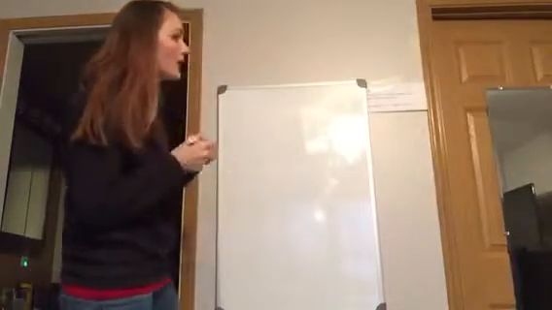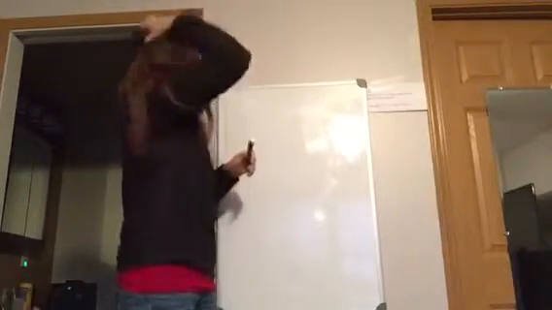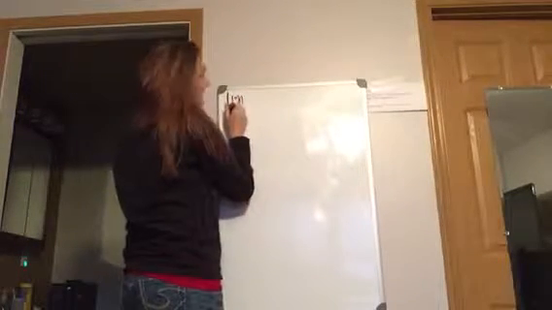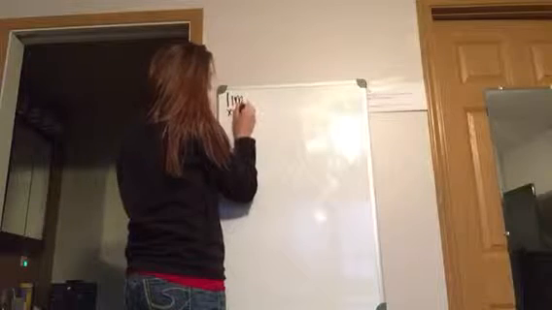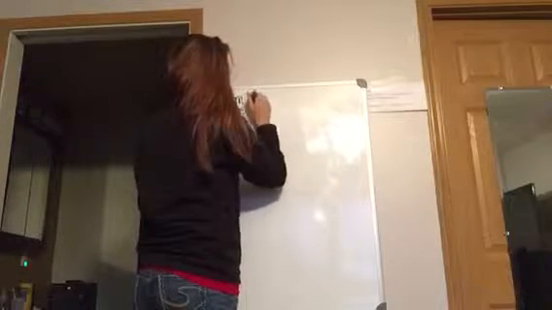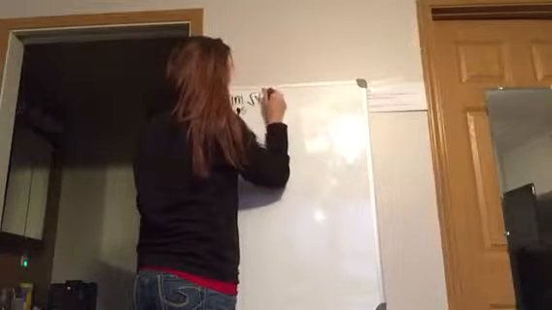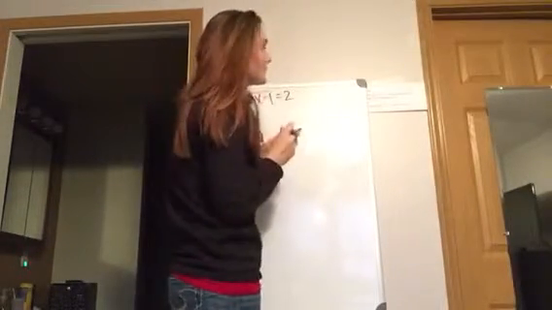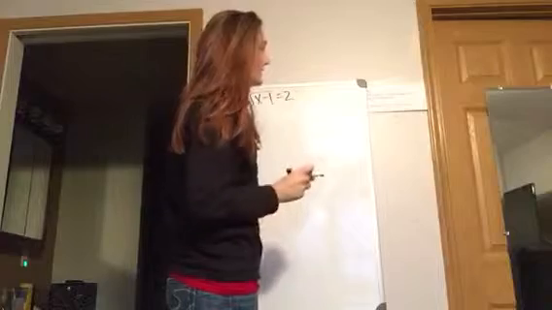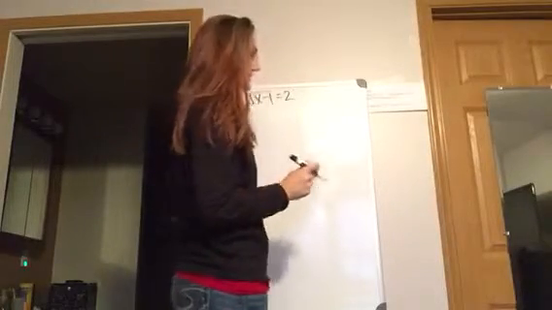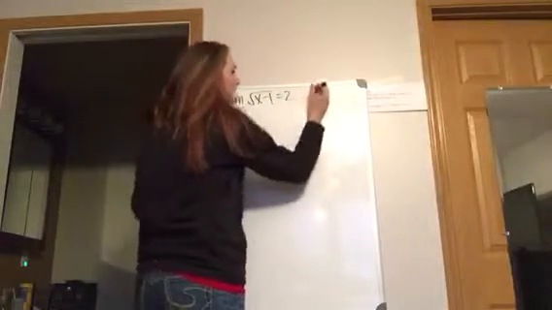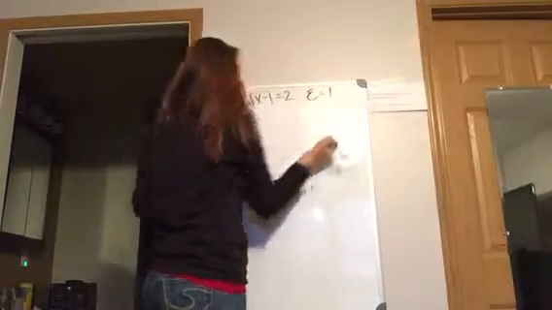For our second problem, we are given that the limit as x goes to 5 of the square root of x minus 1 equals 2. We need to find a delta greater than 0 for epsilon equals 1.